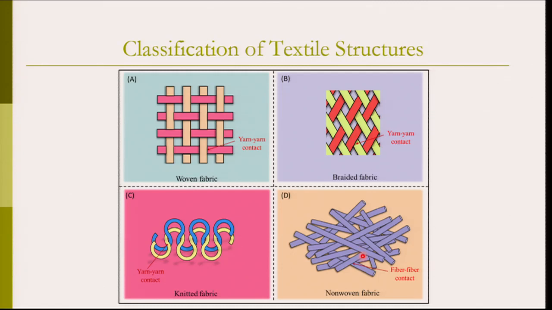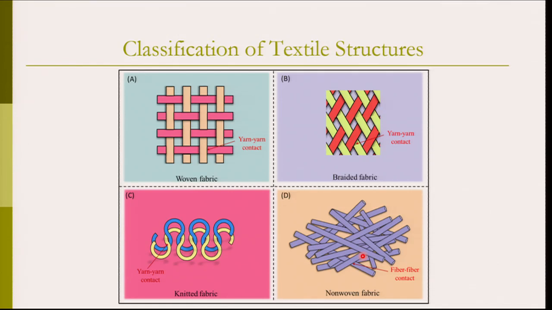So different types of structures can give us yarn to yarn contacts or, in general, fiber to fiber contacts, because yarn is actually made up of fibers. So either the fiber to fiber contacts are taking place within the yarn or between the yarns.